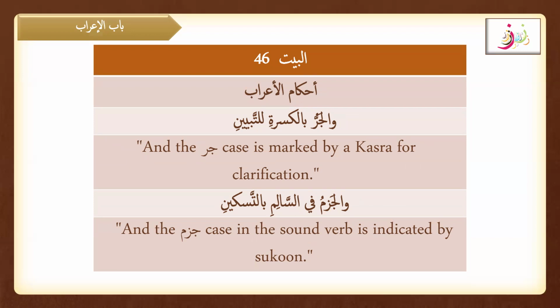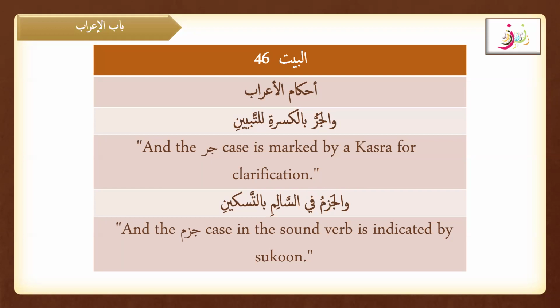As I told you, he is telling us about the alamat al-asliya, and the jar case is marked by a kasra for clarification. للتبيين is what he has used here, from بينا يبين, for clarification. والجزم في السالم بالتسكين: the jazm case in the sound verb is indicated by a sukoon.